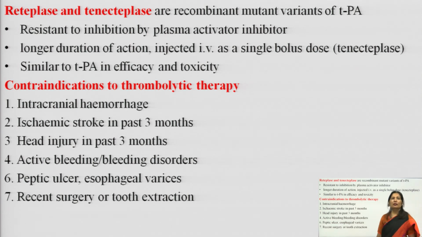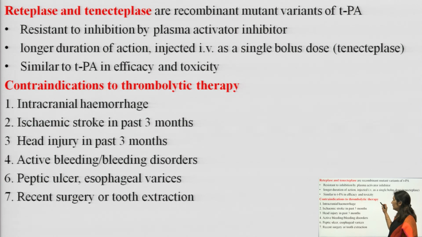These are recombinant mutant variants of tissue plasminogen activator, resistant to inhibition by plasminogen activator inhibitor, with longer duration of action, injected intravenously as a single bolus dose. Tenecteplase is similar to tissue plasminogen activator in efficacy and toxicity.